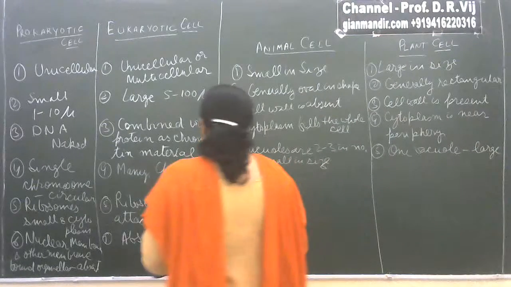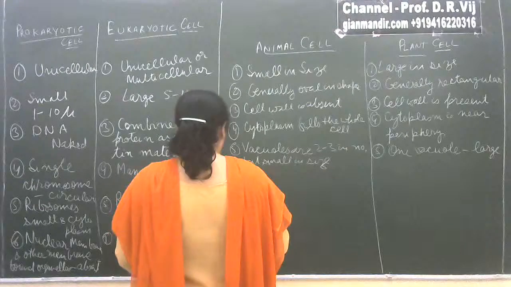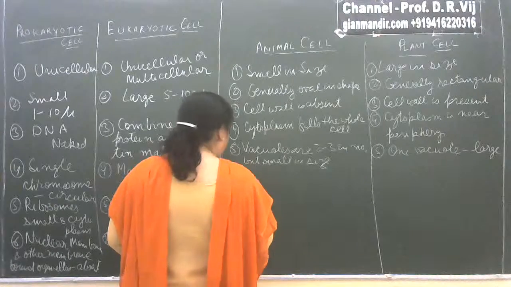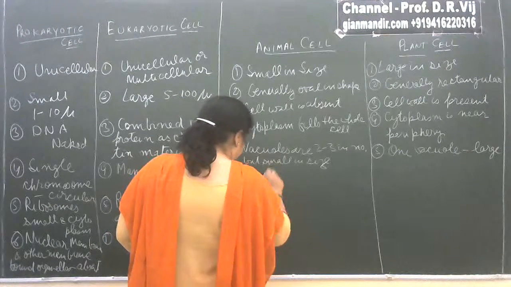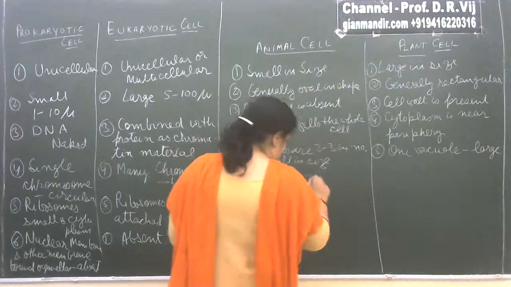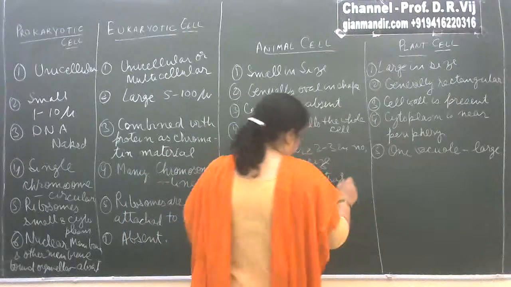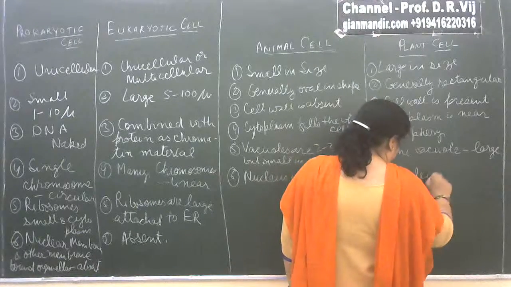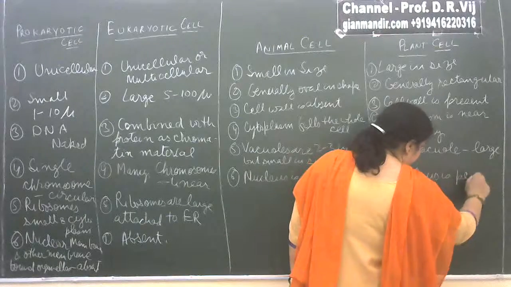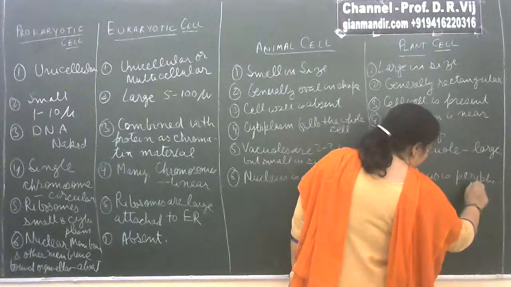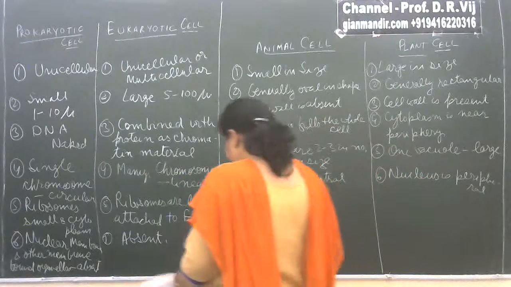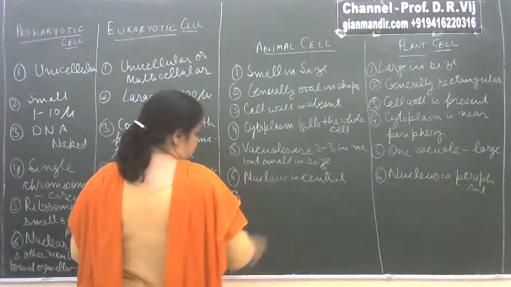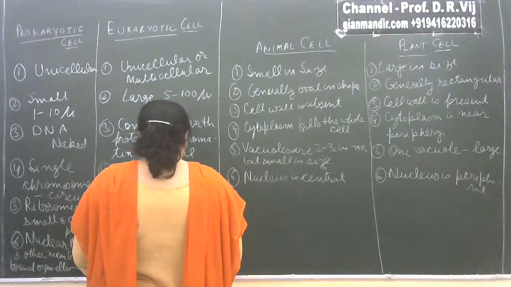You have already learned that the vacuole of plant cells occupies around 90% of the area of the cell. In animal cells the nucleus is central, and in plant cells the nucleus is peripheral, and that is because of the presence of large vacuoles that push the nucleus.